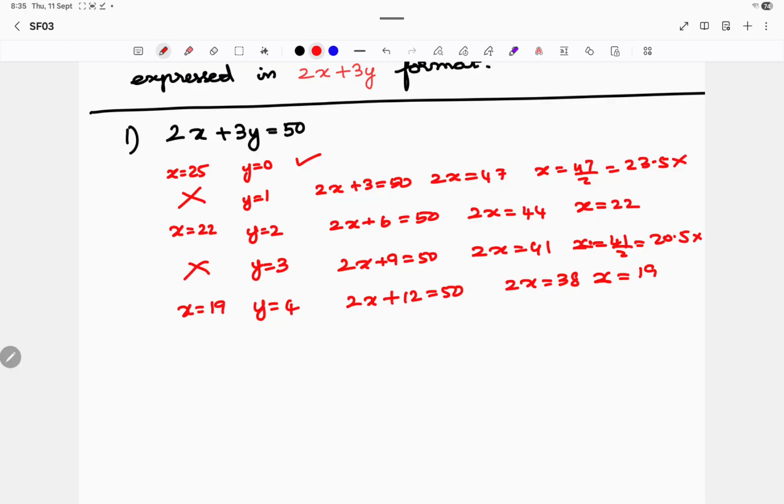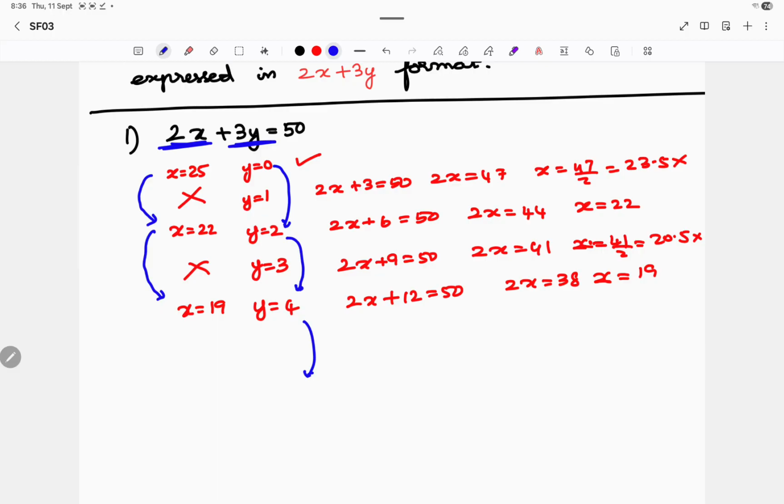And did you notice there is a pattern here? The coefficient of x is 2, and y increases by the same value 2. It keeps increasing by 2. The coefficient of y is 3, and x gets decreased by 3 to get subsequent values. And there's a very good reason why this happens.